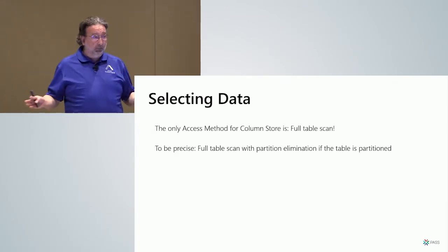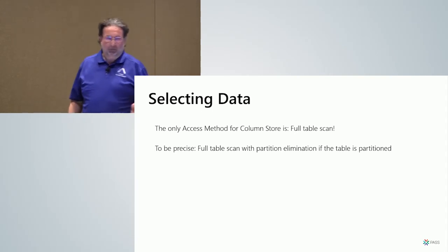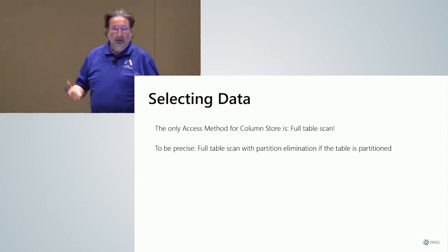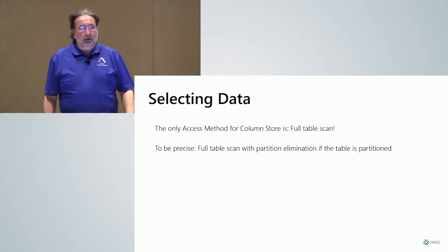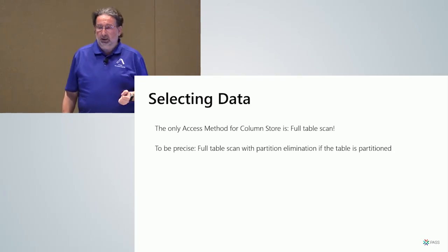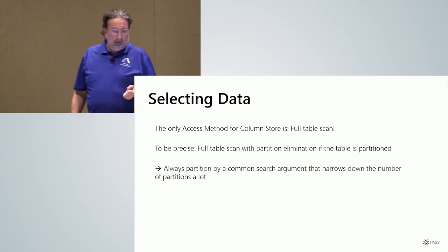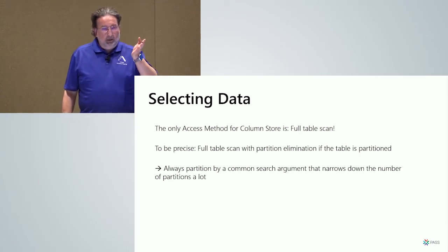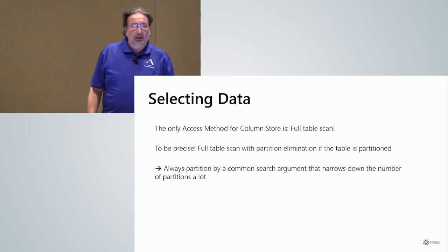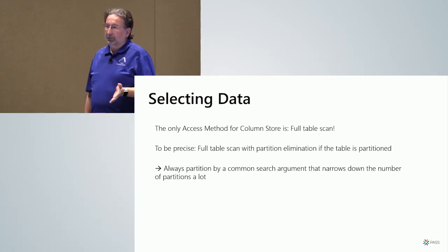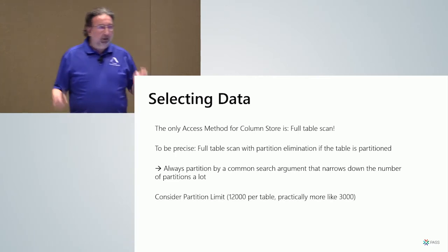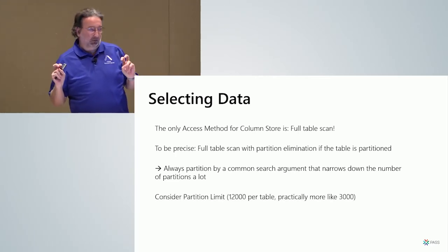You can put it all in one partition, but most likely you're going to have where clauses that limit the data on most queries, and then you have to choose a very clever partitioning key. The problem with partitioning keys is the number of partitions you can have in SQL Server is massively limited. The theoretical limit is 12,000.